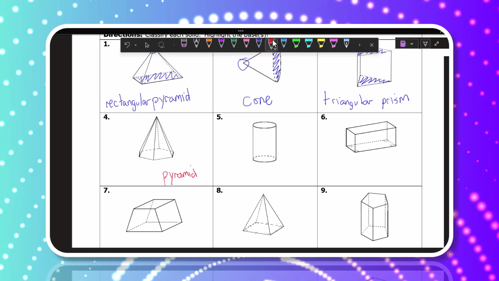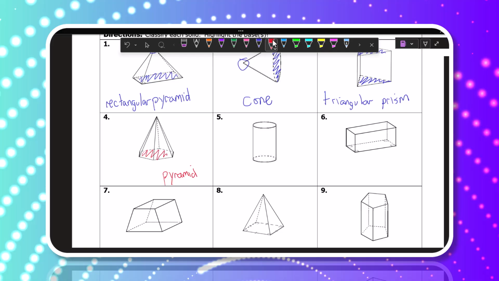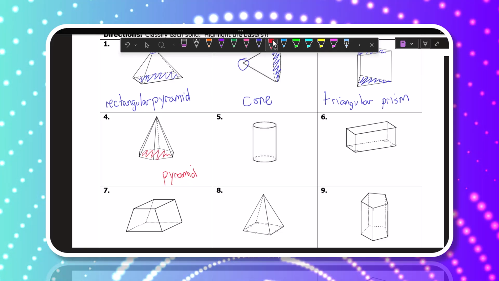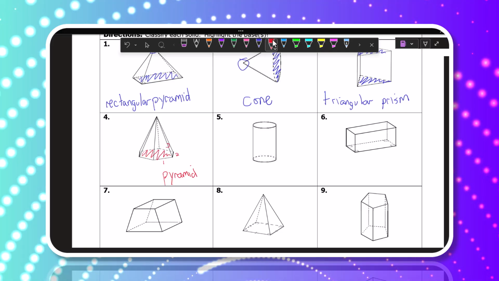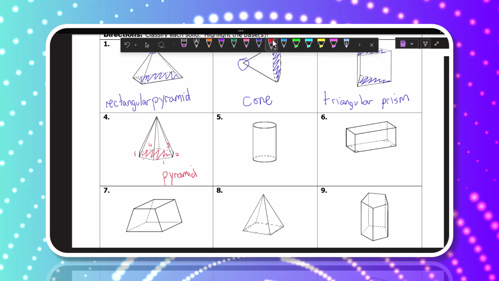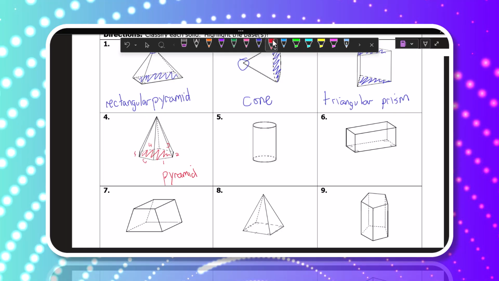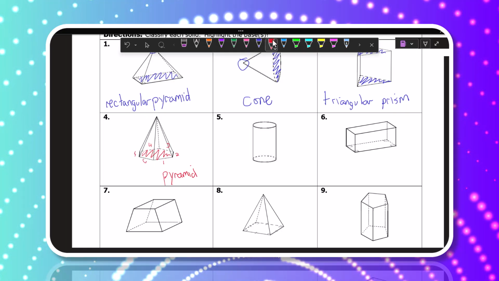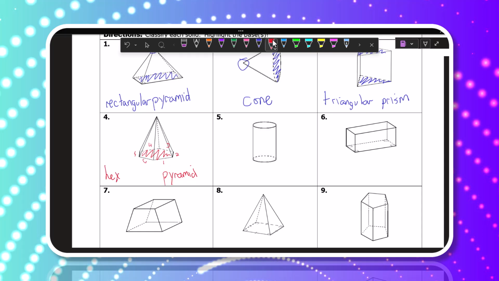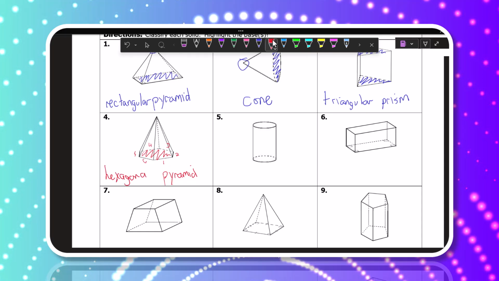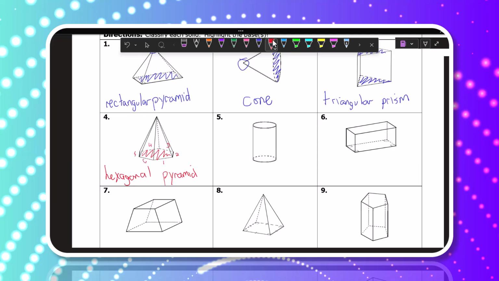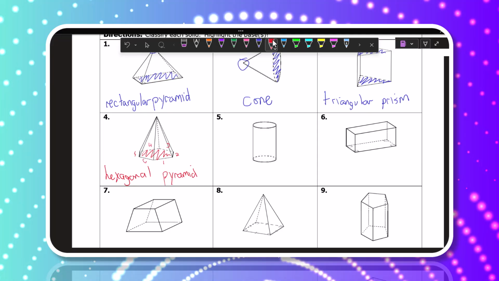We got to figure out what our base is. It's all of this. So if you look at it, we got 1, 2, 3, 4, 5, 6 sides. Hopefully remember a six-sided figure is called a hexagon. So this is a hexagonal pyramid. Just named by the base.